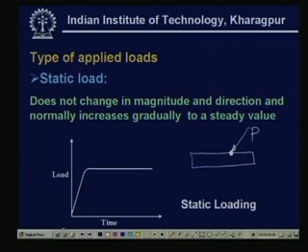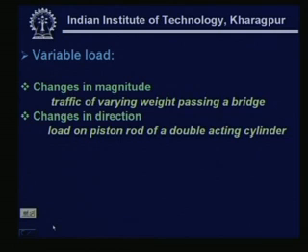Now we consider the other situation, the variable load. What is the variable load? A variable load changes in magnitude, and it changes in direction too. We have given an example: traffic of varying weight passing a bridge.